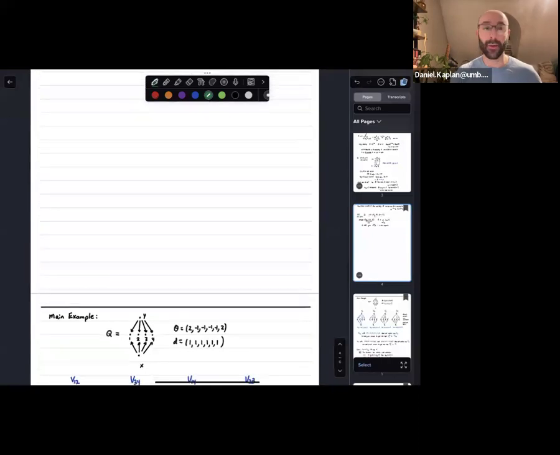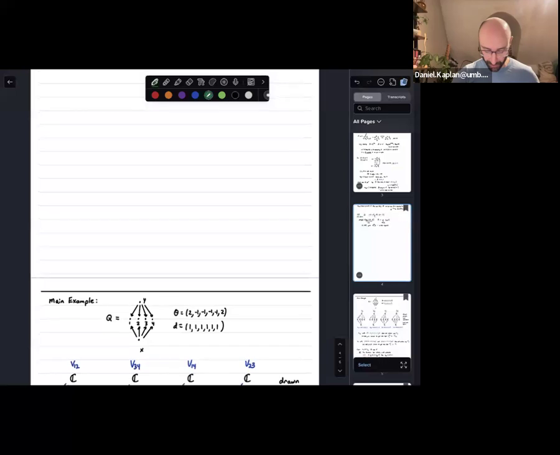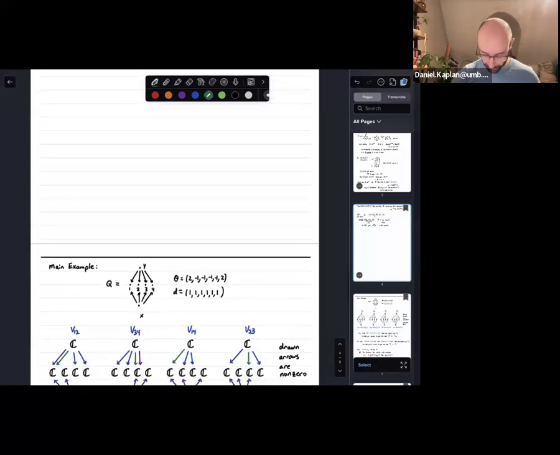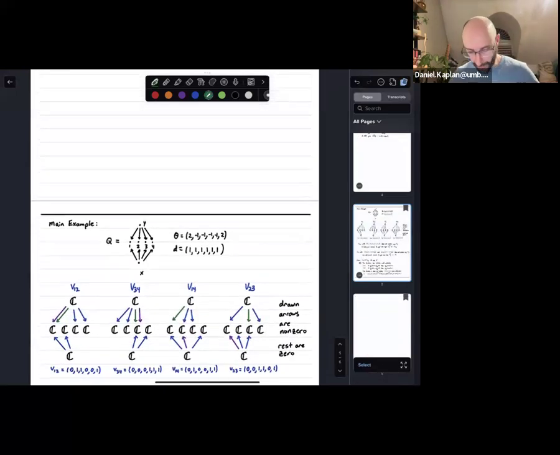Okay, so it looks like how I described before. Vertex X and Y, and then 1, 2, 3, and 4 in the middle. There's a little bit of visual overload, but let me just break it all down. I'm drawing representations of these quivers where some arrows are undrawn, and what that means is the linear transformation is 0.